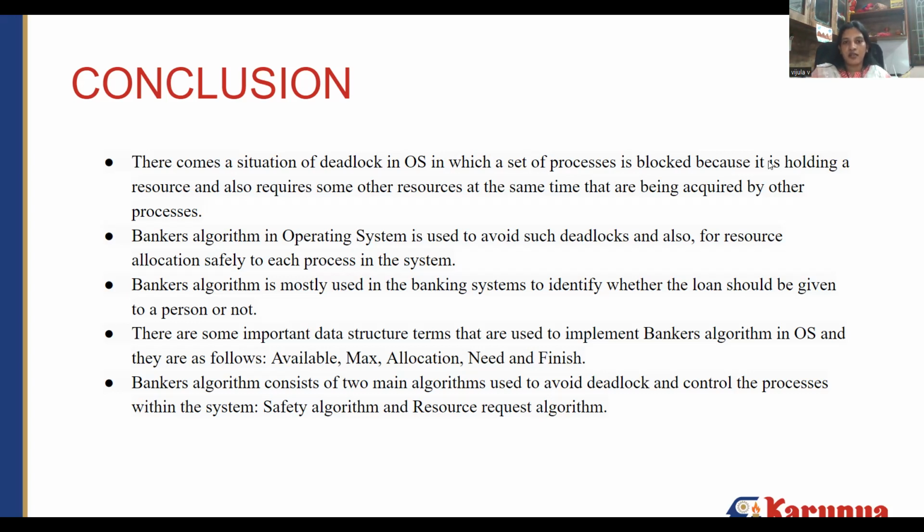I'll give a fast run through the summary of all the important terms we have discussed so far. The banker's algorithm consists of two main algorithms, the safety algorithm and the resource request algorithm, which are used to avoid deadlock and to control the processes within the system.